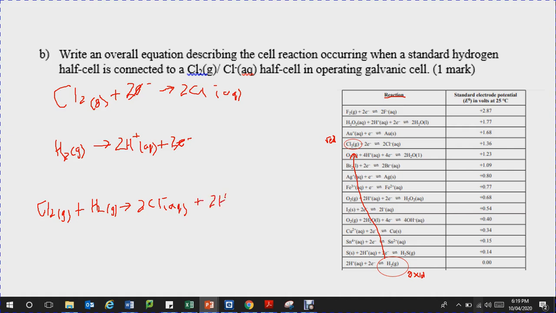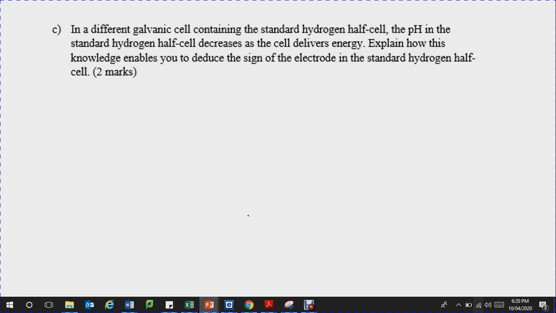And that is my overall equation describing the reaction that occurs.